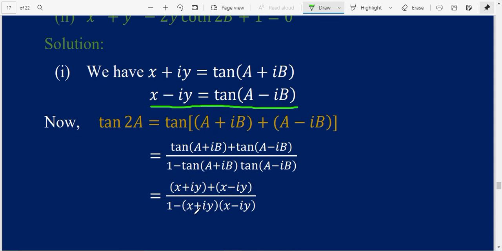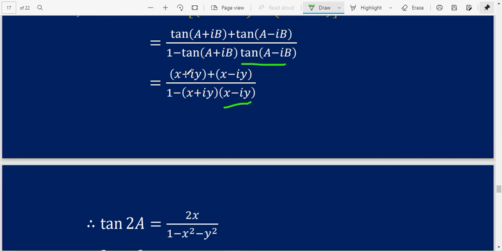Then x plus iota y plus x minus iota y, the iota y terms cancel out, so the numerator is x plus x, which is 2x, upon 1 minus (x plus iota y) into (x minus iota y), which is 1 minus x square minus i square y square.